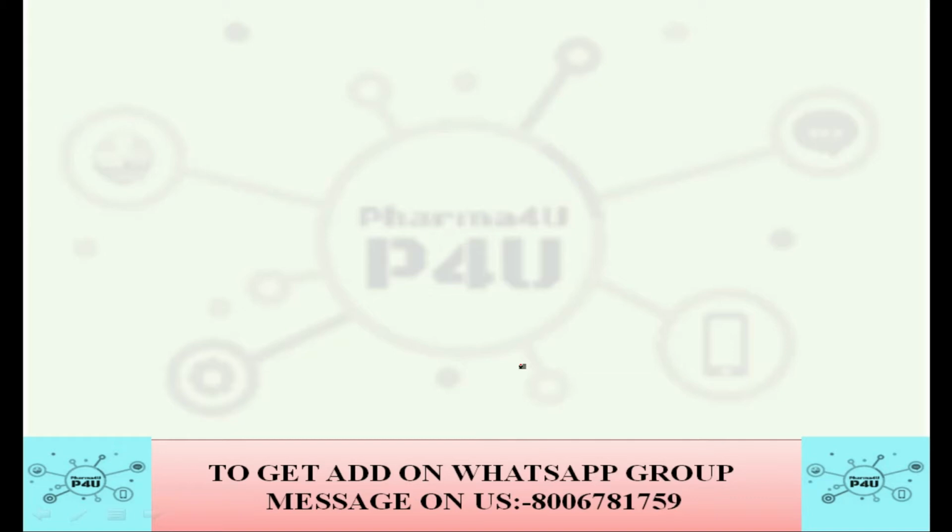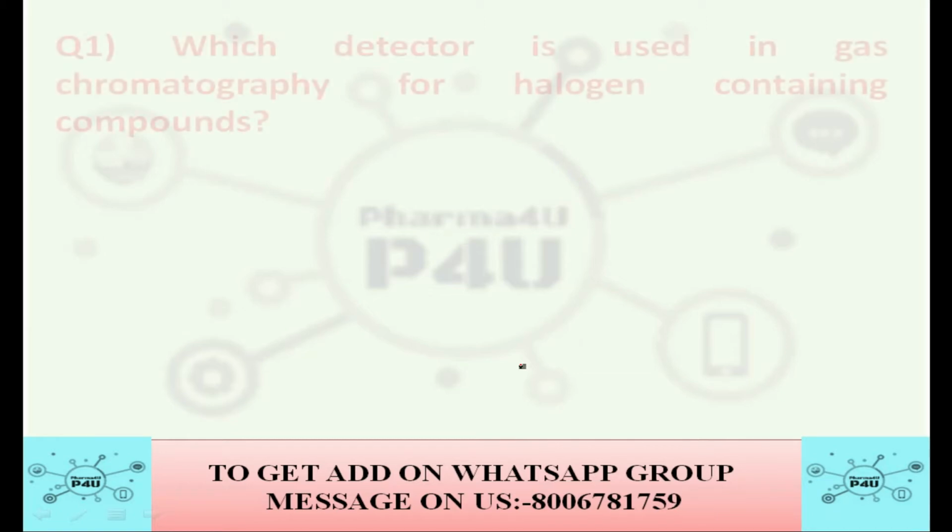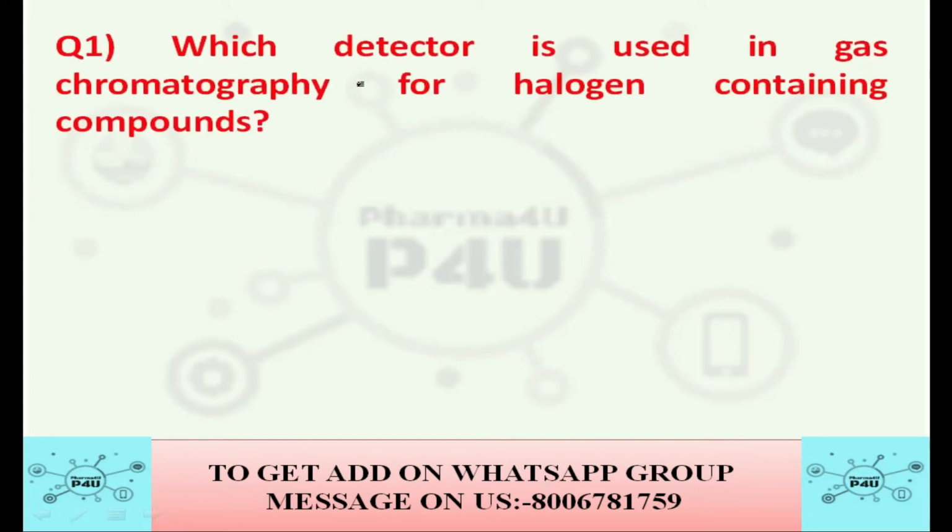So today we are going to cover some questions based on previous year questions with detailed descriptions. Here we have the first question: which detector is used in gas chromatography for halogen containing compounds?